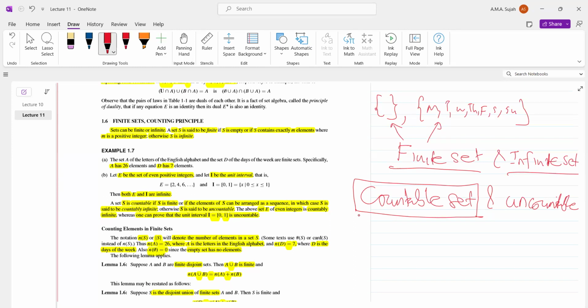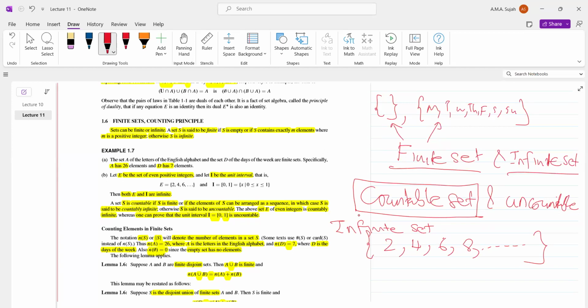Positive even numbers: 2, 4, 6, 8. It goes on until infinity, right? So we can call this an infinite set.